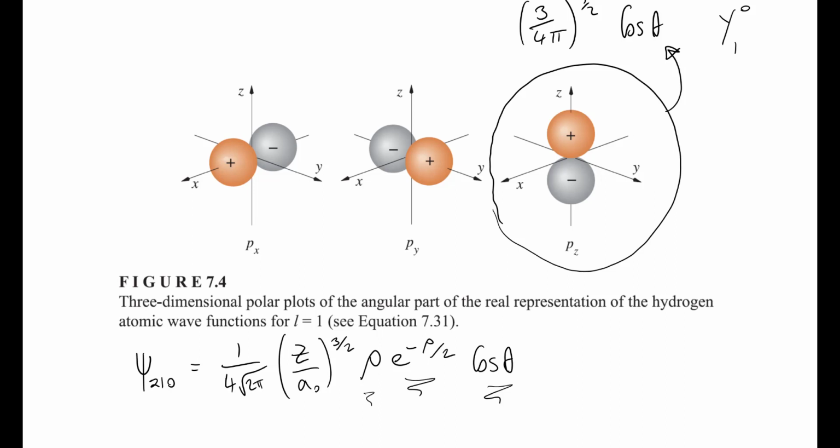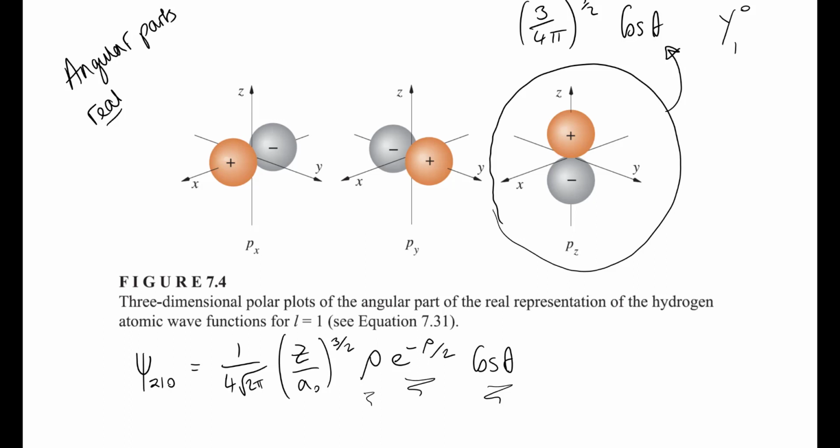We'll get on later to a more complicated picture when we come to look at the phi part of the angular piece of the solution to the Schrödinger equation for the hydrogen atom. The point here is that these are the angular parts, and that this is a real representation as opposed to an imaginary one. There's no complex number description embedded in these particular images.